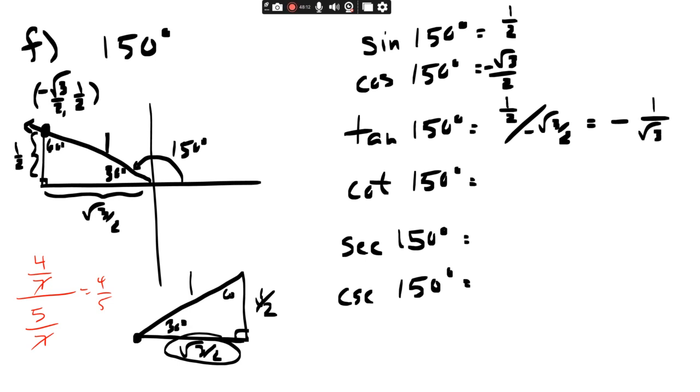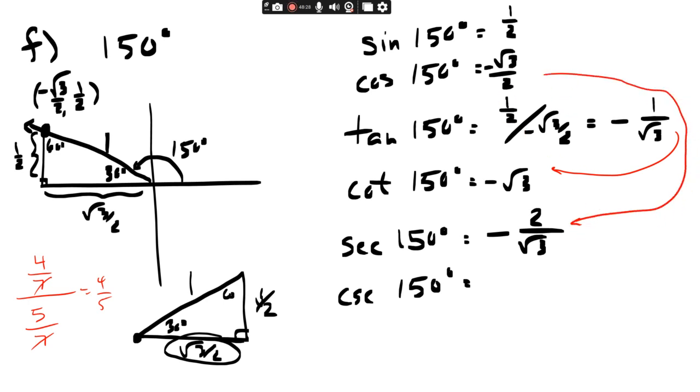So 1 over negative √3. Or the other way, you can just flip this over, can't you? So we'll do it the easy way. Just flip it over this way. And then what's the flip of 1/2? 2. Absolutely. And there's the answer to that one.